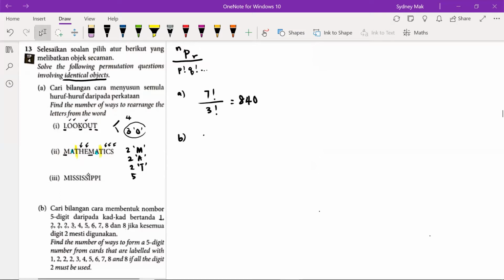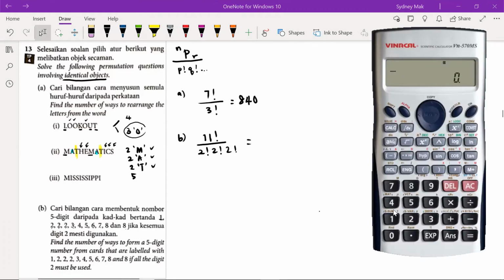So 11 factorial divided by, now M, A, T are the identical items. So we divide by the M, 2 factorial, divided by the A, 2 factorial, divided by the T, 2 factorial. Let's get help from the calculator. 11 factorial divided by, put bracket, 2 factorial times 2 factorial times another 2 factorial.